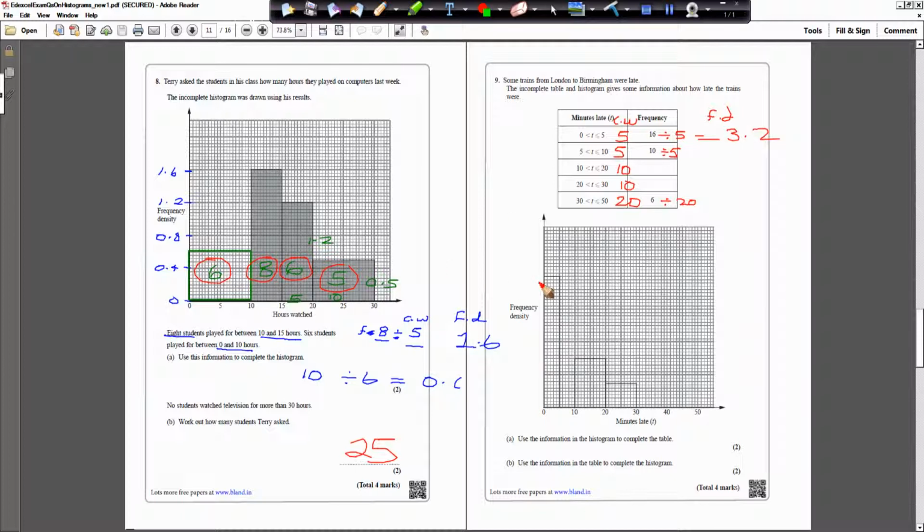If you look at the scale here, here's our 3. So that makes that part there 3.2. Okay, what's happened to the scale?